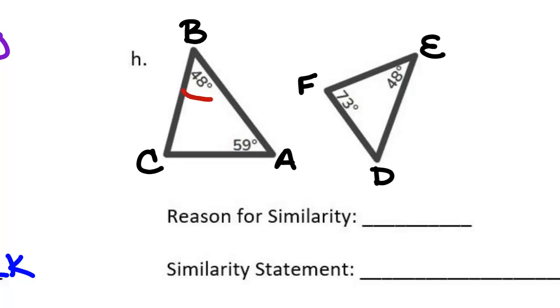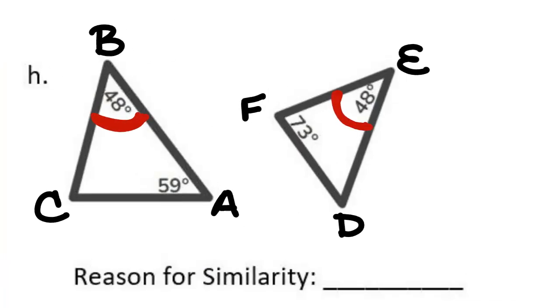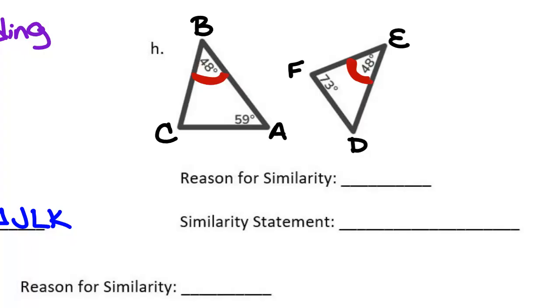I see right off the bat that angle B and angle E are congruent. Is it possible that angle C is congruent to angle F or angle D?